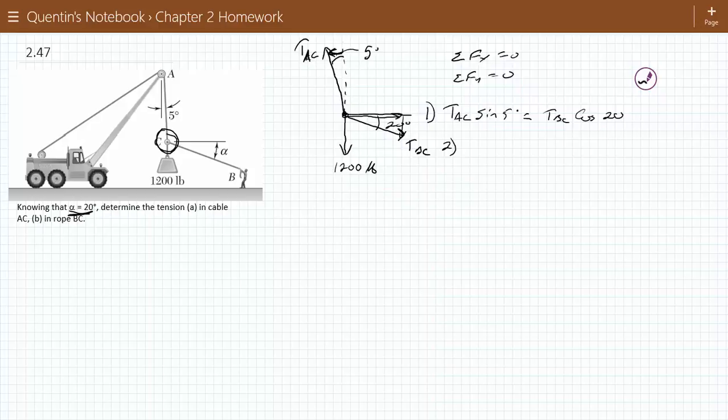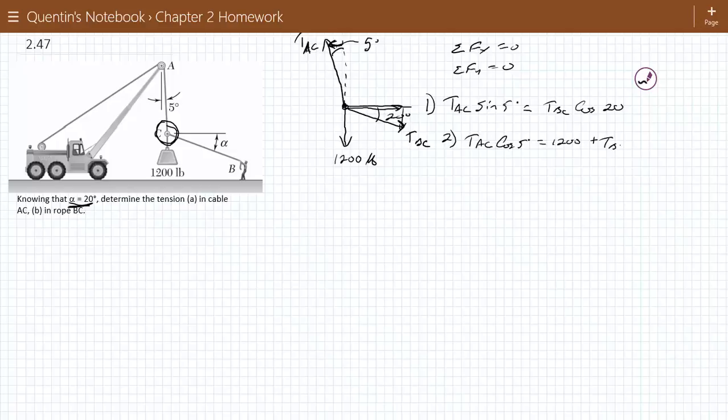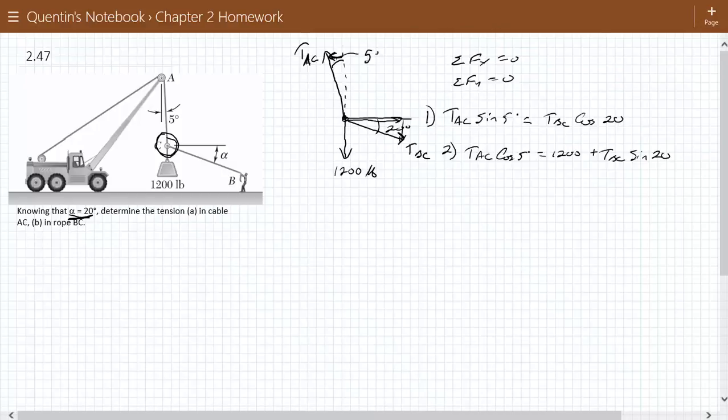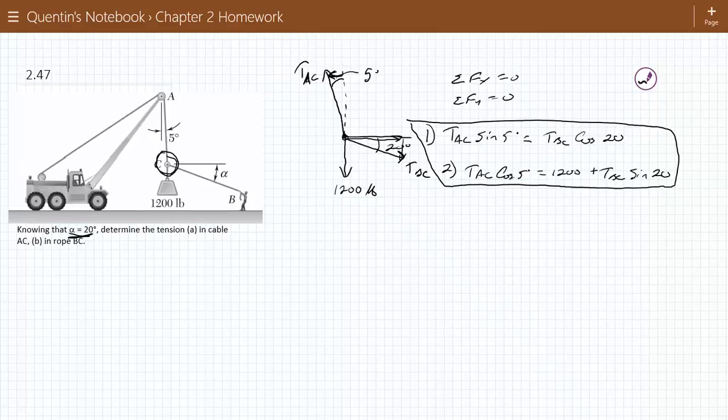In y, the ups are TAC cosine of 5 degrees, and that equals the downs, which is going to be 1,200 plus TBC times sine of 20. Okay, so now we just have two equations and two unknowns.